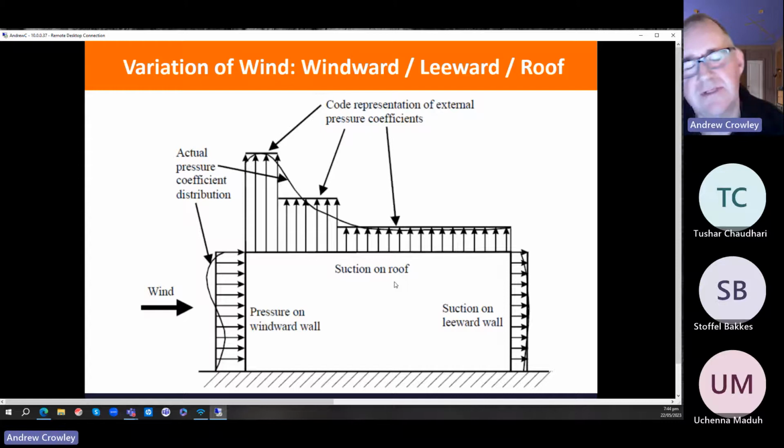So here's a comparison of what's actually going on with the wind and what we think is going on, and what the code tells you. So the wind doesn't change in steps. It changes in a non-linear way. But we simplify it and split it into zones. Similarly, on the wall, it doesn't apply uniformly, but we pretend that it does.